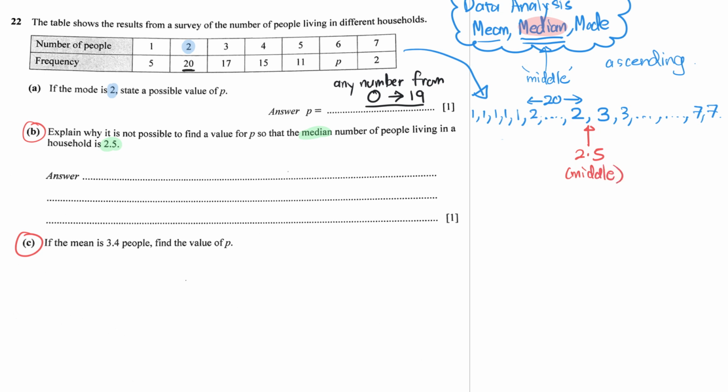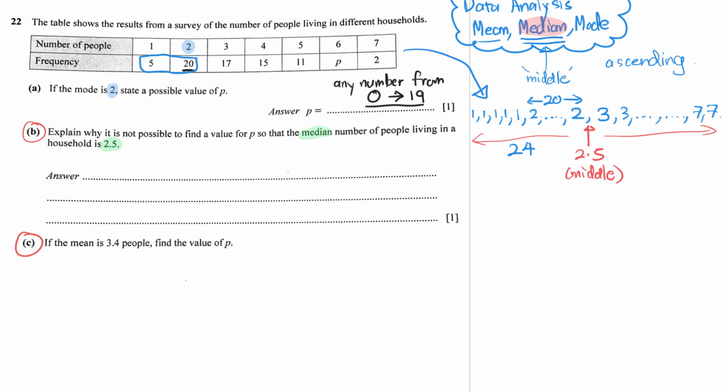And for that to happen, you take a look at the number of numbers on the left here and on the right here. They have to be balanced so that 2.5 is the middle. Now, if you do a rough counting, you realize that to the left here, there's around 24 numbers. 25 including the 2 there.